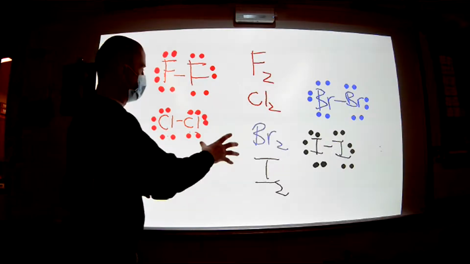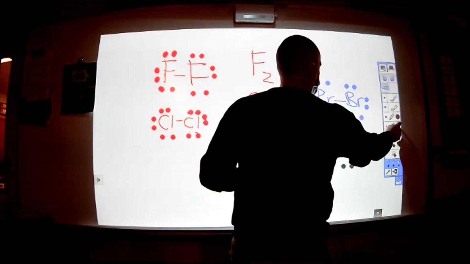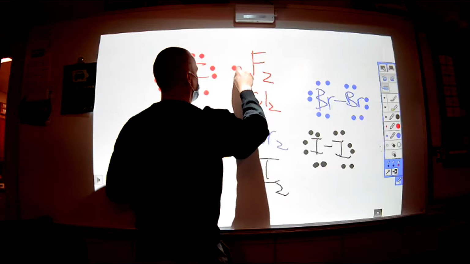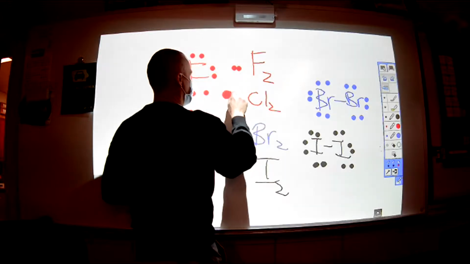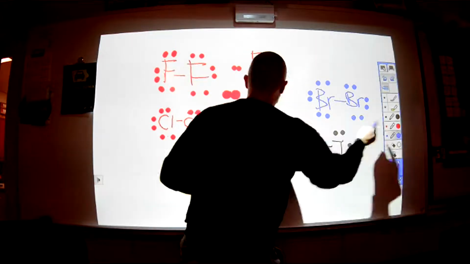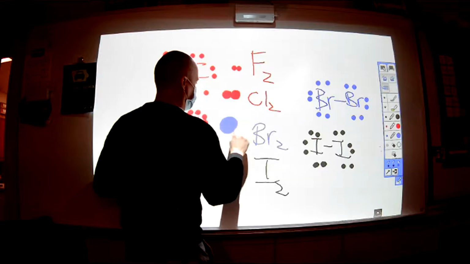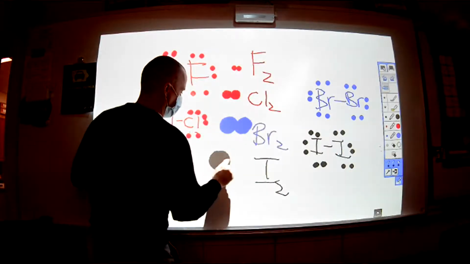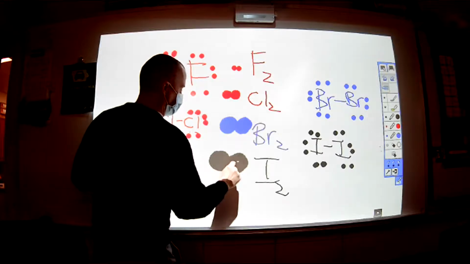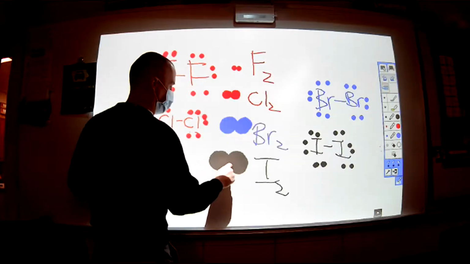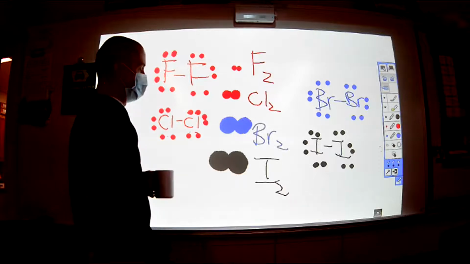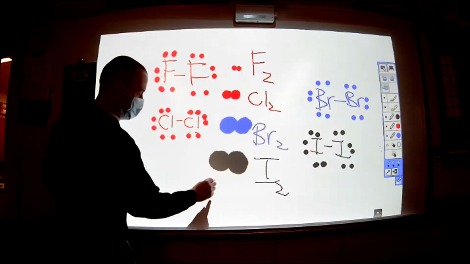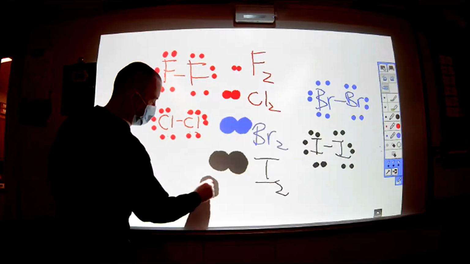Take a look. What is the real difference between these atoms? Fluorine's relatively small. Chlorine's a little bit bigger. Bromine's bigger still. Iodine's a lot bigger. There's the pictures of the molecules. What happens here? Well, if there's two iodines sticking together, here's another iodine.